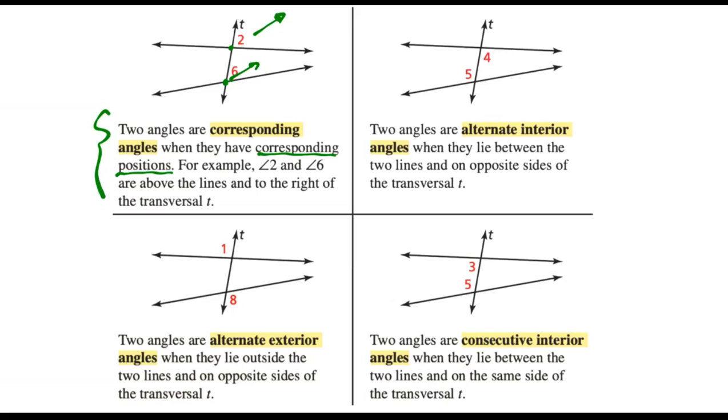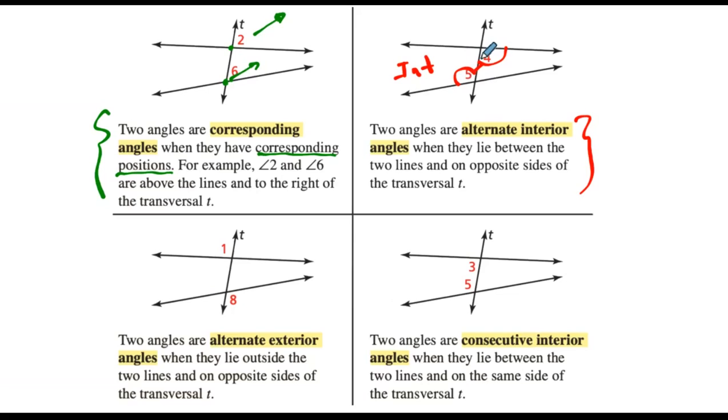If we look at the next angle pair, the alternate interior angles, they lie between, and that's because this is the interior between the 2 lines, and they alternate which side of the transversal they're on. They switch sides. So it's switching sides of the transversal, but it's also switching which line it is adjacent to.